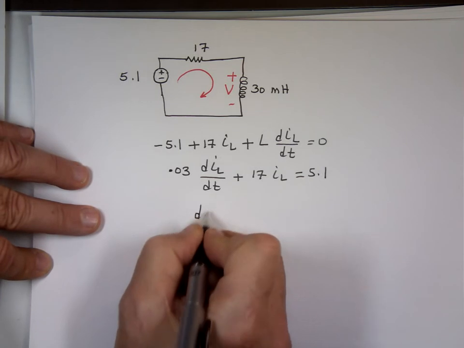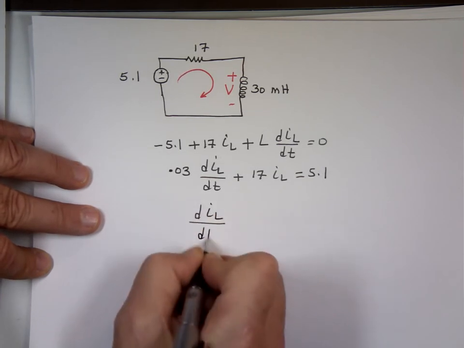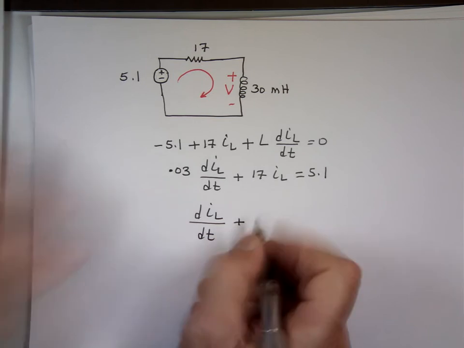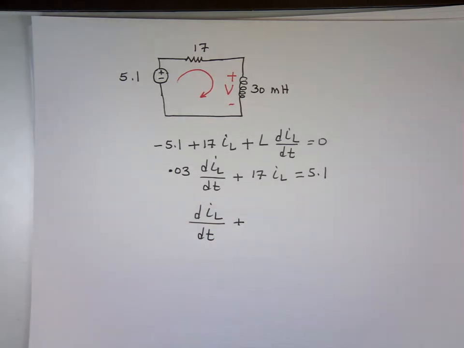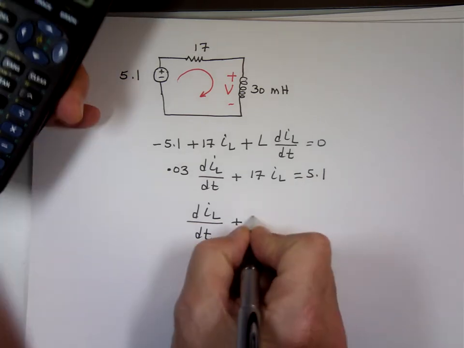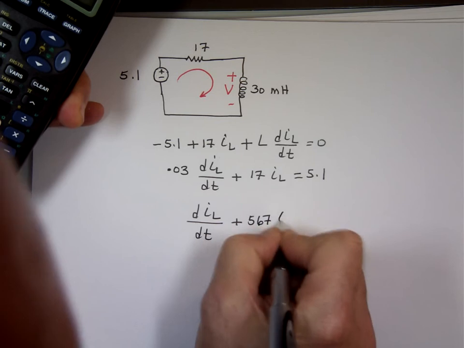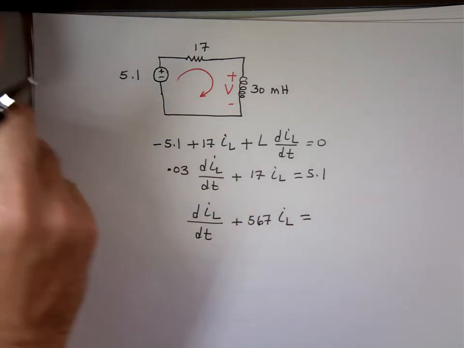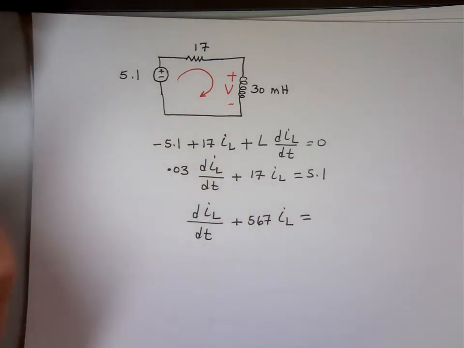Dividing through: dI_L/dt plus 17 divided by 0.03, which is roughly 567, I_L equals 5.1 divided by 0.03, which is 170.